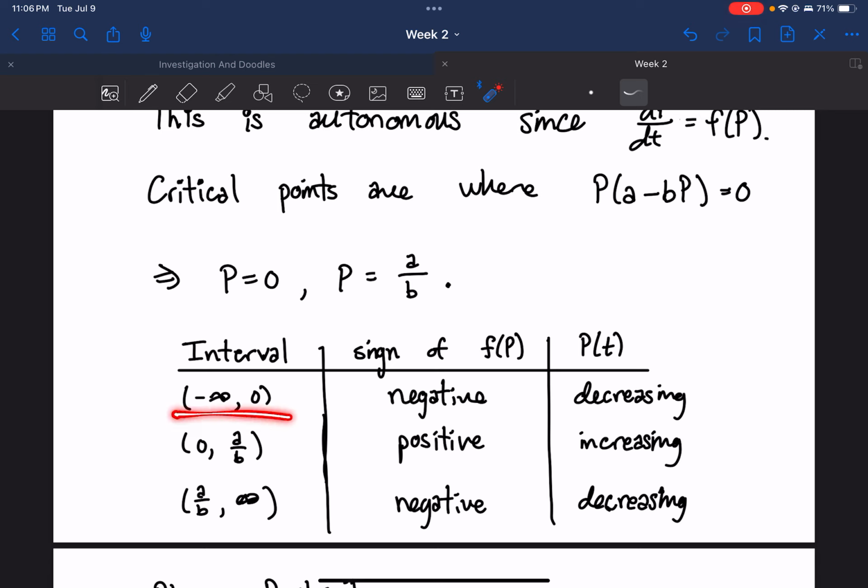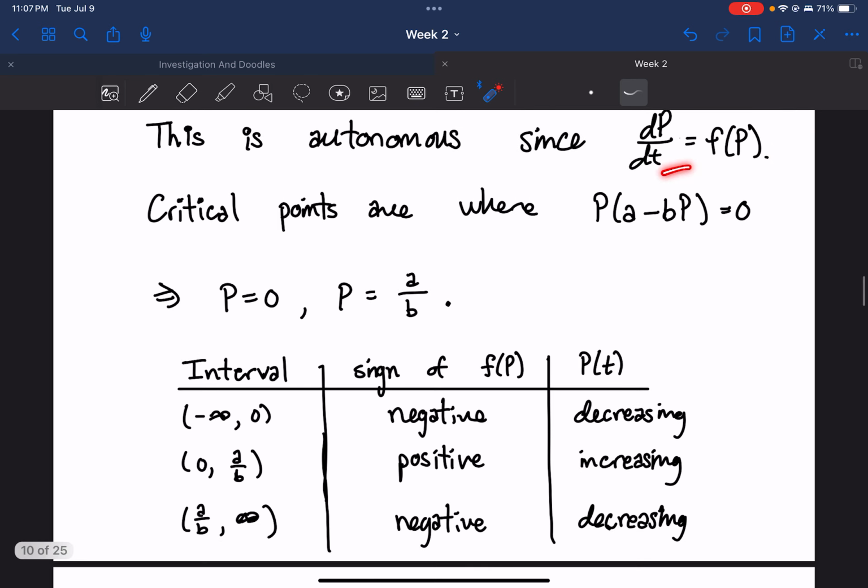So on this interval, if p is in here, then f of p is negative, which means the slope of the solution p is negative, so p must be decreasing on this interval.